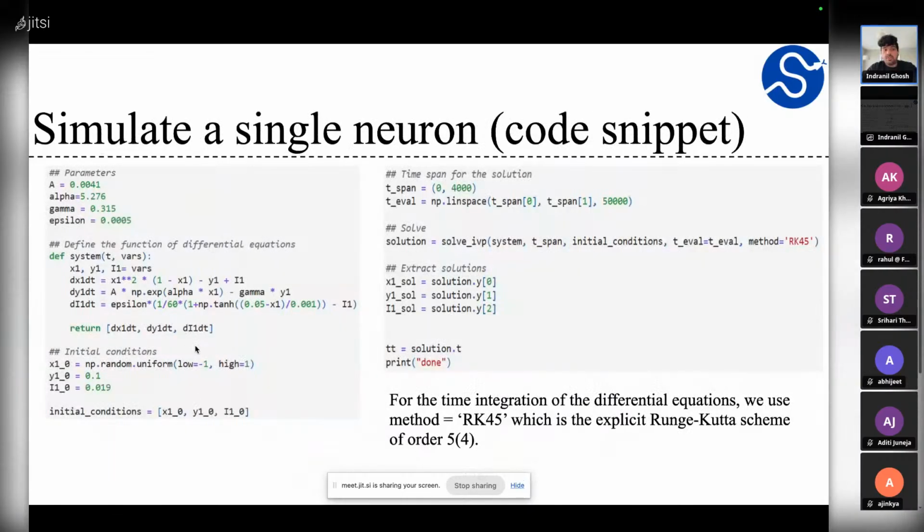So just translating that to Python: initial conditions, and then you specify the time span, how long you want the simulation to run for. And then you also need to specify the number of timestamps, so that's 50,000. And that's the one-liner that solves the differential equation. You extract the solutions, and then you just plot it.